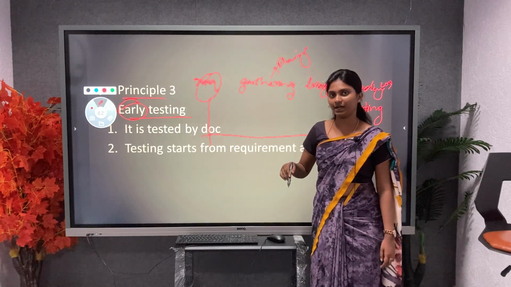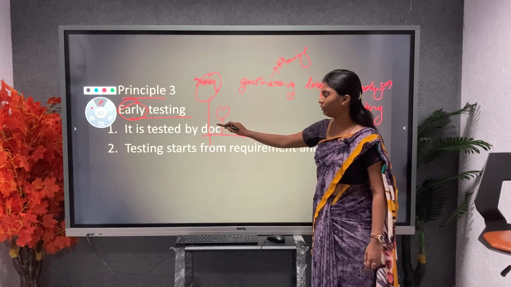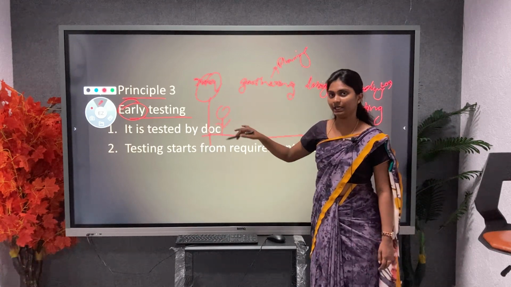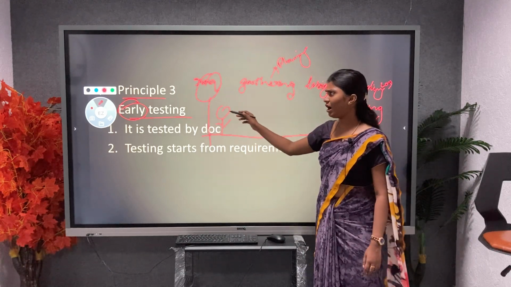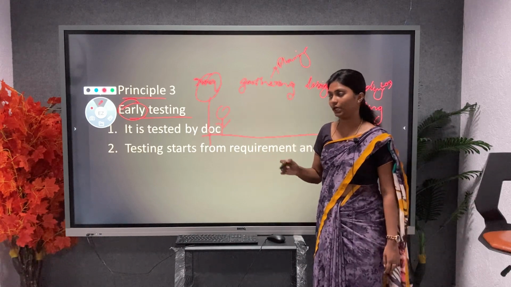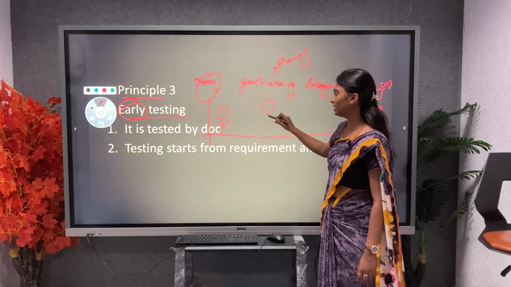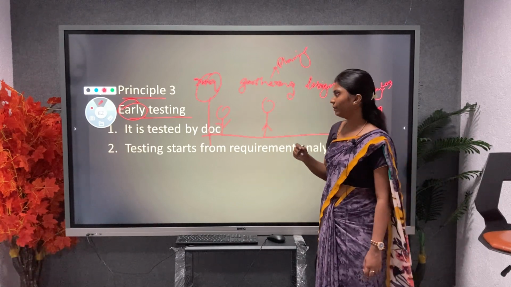In requirement analysis only, we have to find the bugs at the early stage only, okay. When we do not give a particular prevention at the early stage only, it will increase at gathering or planning, okay.